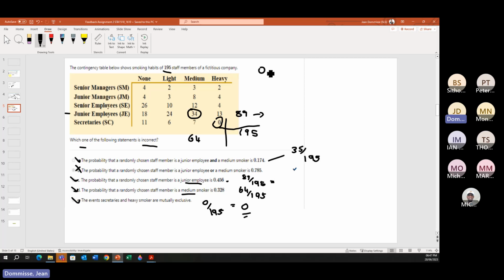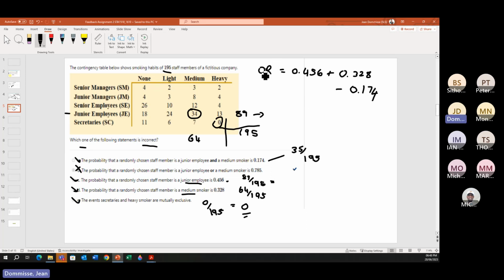Remember the OR: we will need to say it's the probability of junior, 0.456, plus the probability of medium, which we also luckily did, 0.328, minus the AND, which is 0.174.